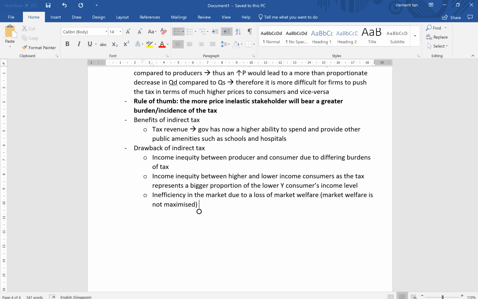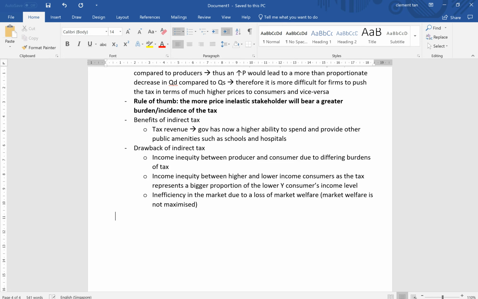Again, we don't go into price controls. Price control, I'll leave it to the 16th. As I go through, while it's fresh in your mind, you can go into a common test and do it straight away. So that's for incidence of tax.